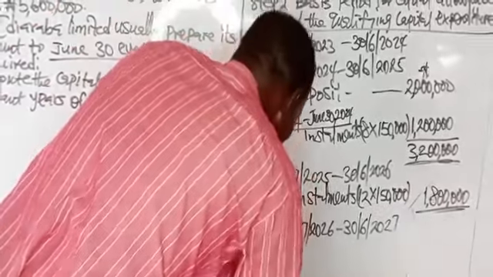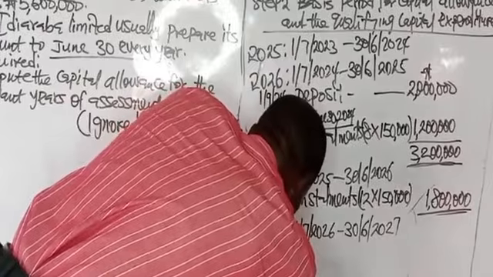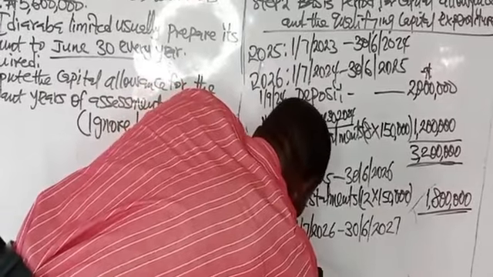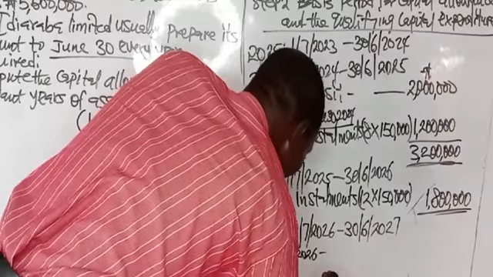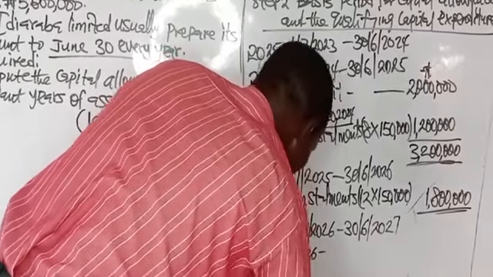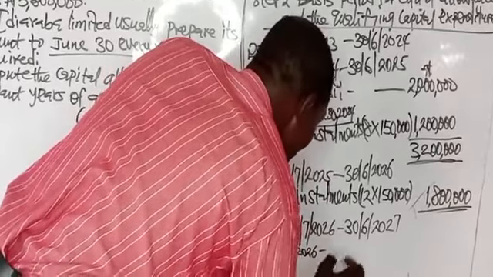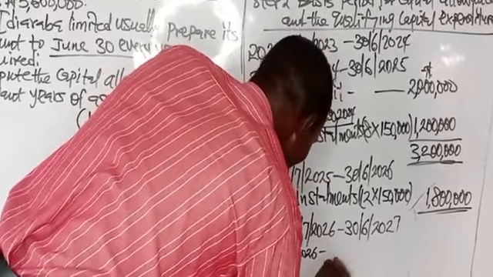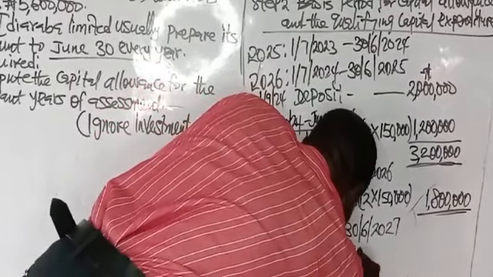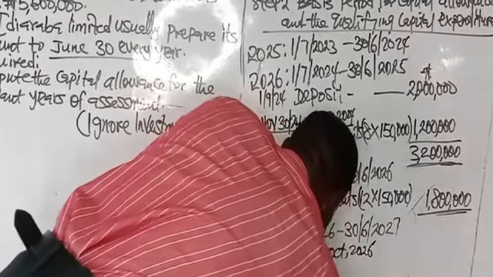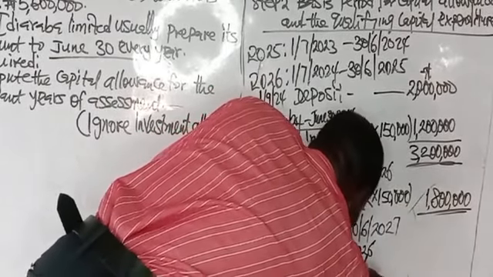That is installments from 1st of July 2026, to July, August, September, October 2026. That is the installments to be considered here, which is 4 installments.